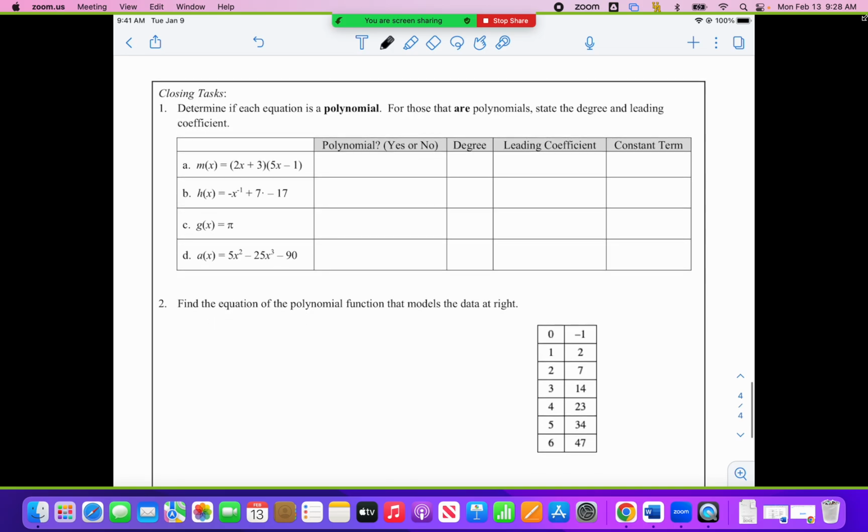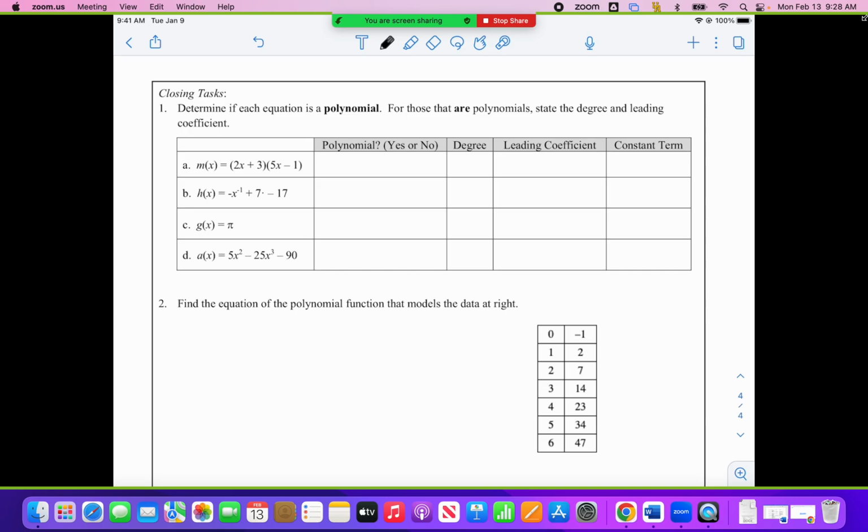All right, so here's a closing task to wrap up the lesson. I'm going to pause a moment and give you maybe 3 or 4 minutes. Determine if each equation is a polynomial. For those that are polynomials, you're going to finish the rest of the table. If it's a no, you stop, just like in the beginning part of the 6-1 homework. For those that are polynomials, state the degree and the leading coefficient.